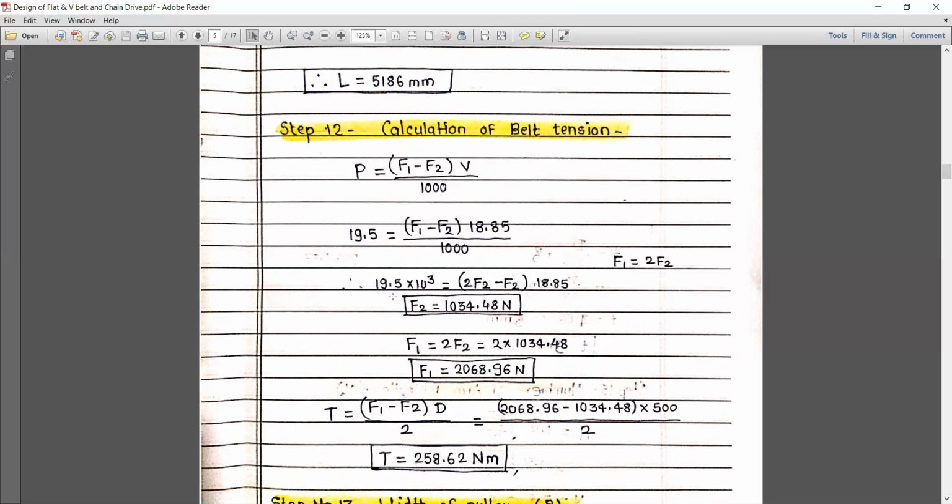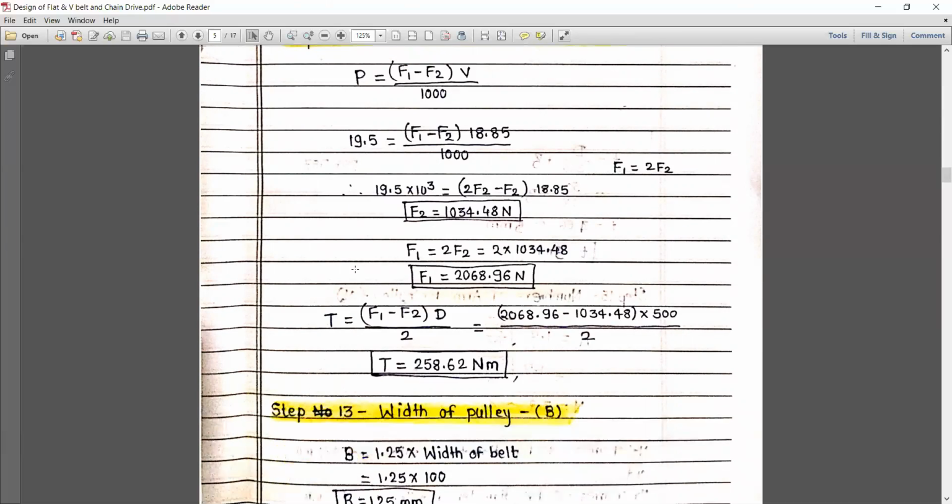Putting this relation instead of F1, that is twice F2, we get F2 equal to 1034.48 Newton and F1 equal to 2068.96 Newton. When we calculate the torque, T is equal to (F1 minus F2) divided by 2, that is the average belt tension, multiplied by diameter.